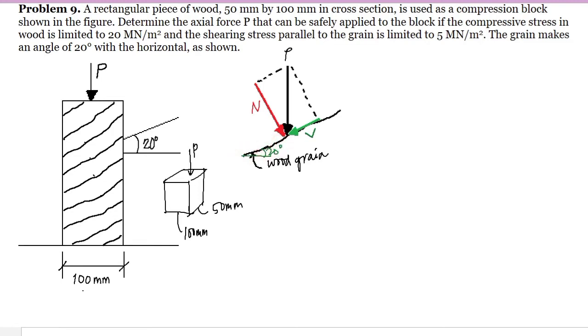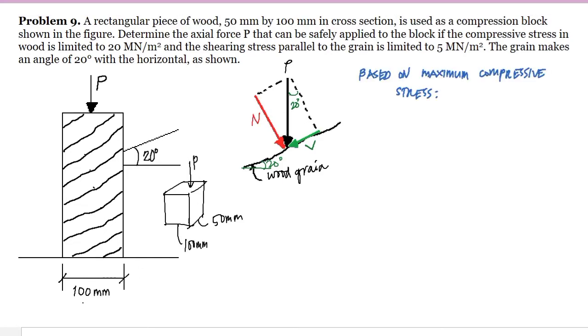If the angle of the grain makes 20 degrees with the horizontal, so if this is 20 degrees with the horizontal, meaning this is also 20 degrees. So if we are going to compute based on the maximum compressive stress, we have to use the force N. So from the idea of the normal stress is equal to the normal force over the area, and we have the normal stress in this case.